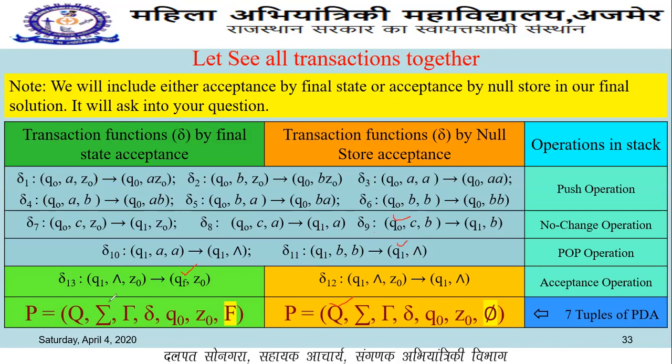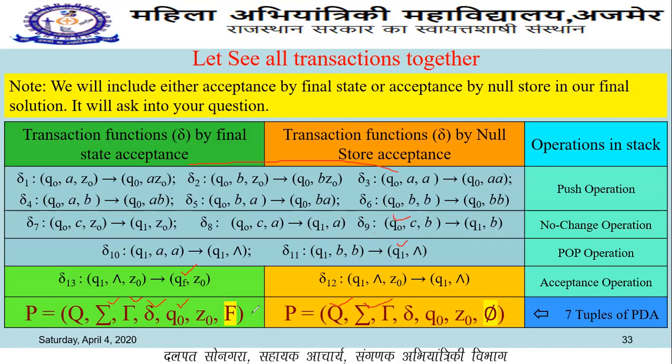Sigma is the same for both machines, that is a, b and c. Tau is also the same: a, b and Z0. Delta is given in this table, all the transitions from delta 1 to delta 13. q0 is the initial state, the same for both, and Z0 is the initial symbol in the stack.